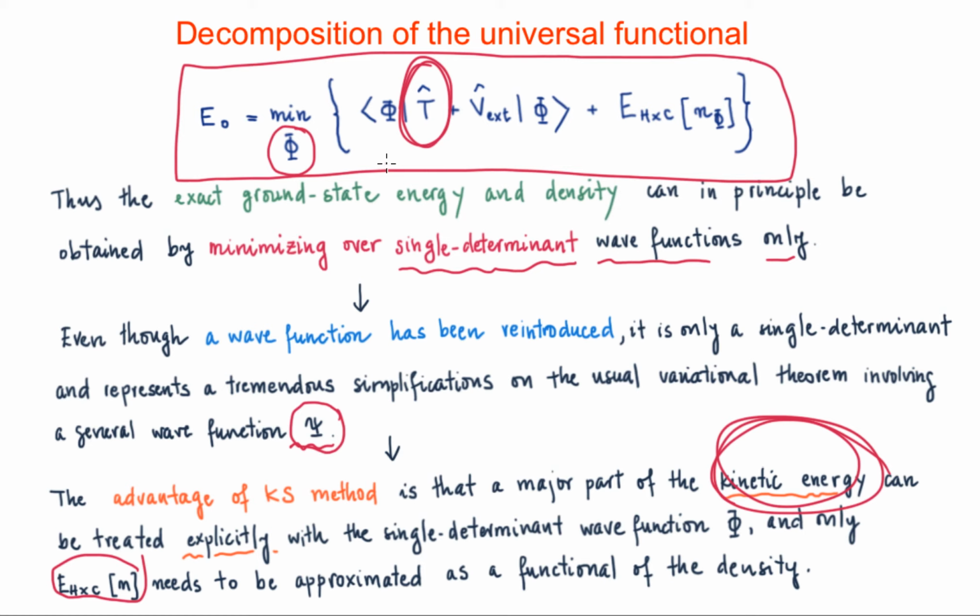Of course, many things remain to be done here: how this minimization is done and what is an approximate expression we can get for that Hartree, exchange and correlation energy. We're going to try to answer these questions step by step in the following videos.